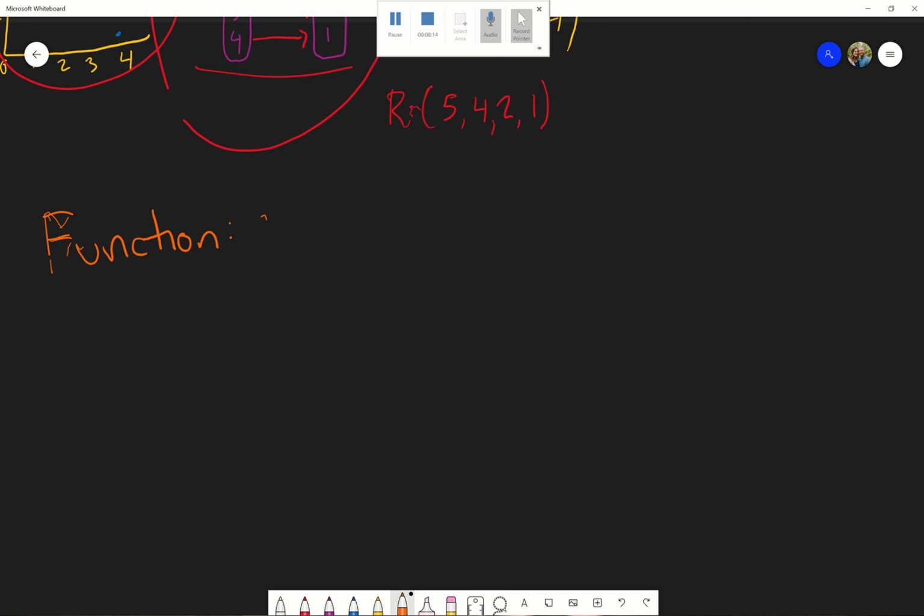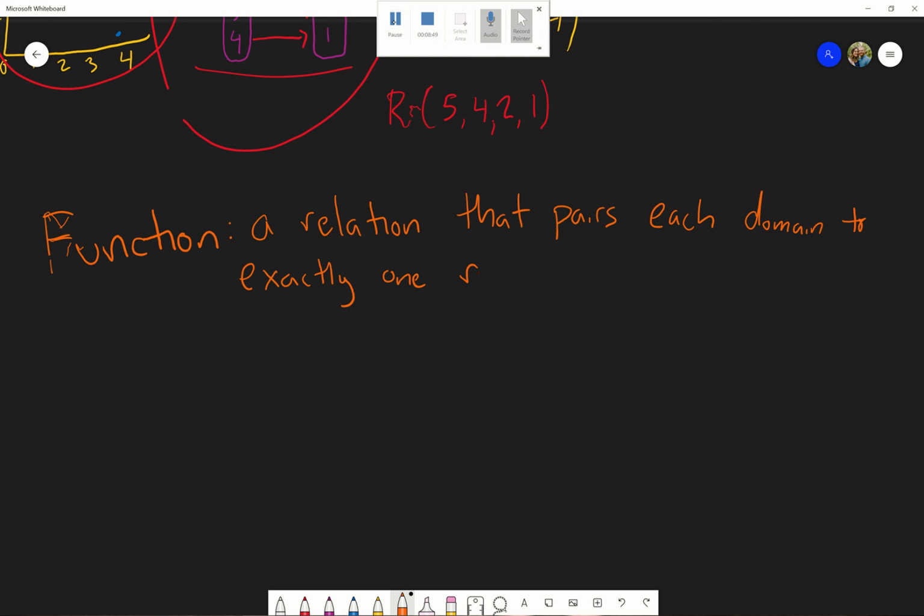And a function is a relationship or a relation that pairs each domain to exactly one range. So it pairs each domain to one range.